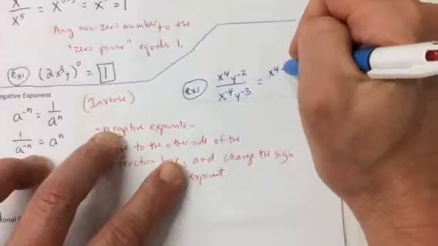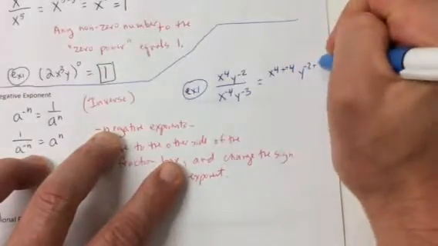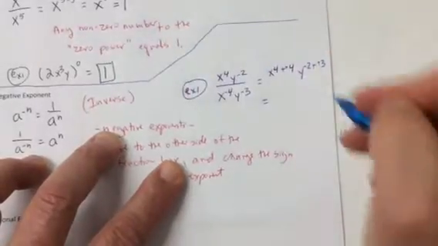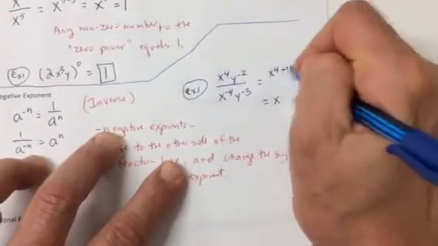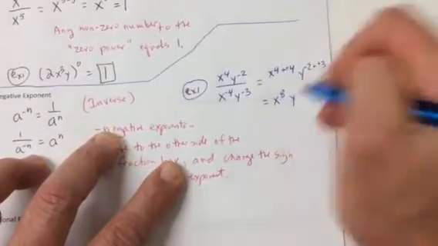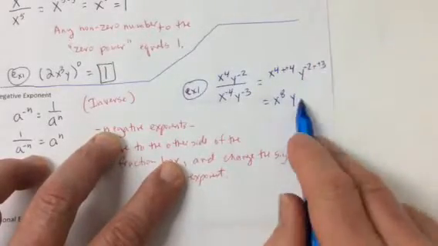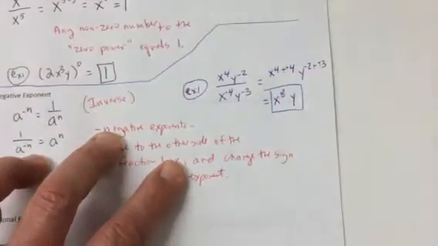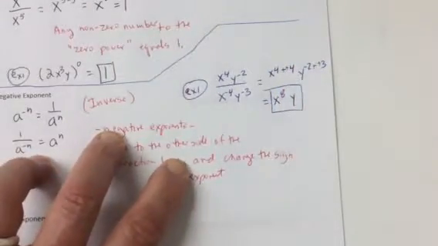Now whenever we're minus a negative, that becomes plus a positive. So in this case, this is going to equal x to the 4 plus 4 is 8. Y to the negative 2 plus 3 is 1. If it's 1, you don't have to put it. So x to the 8th y is our answer there.